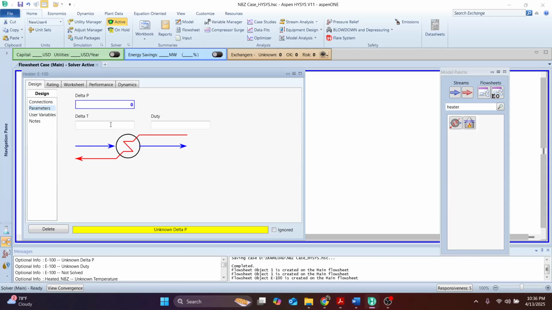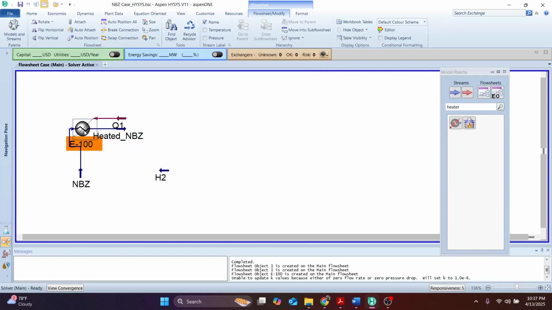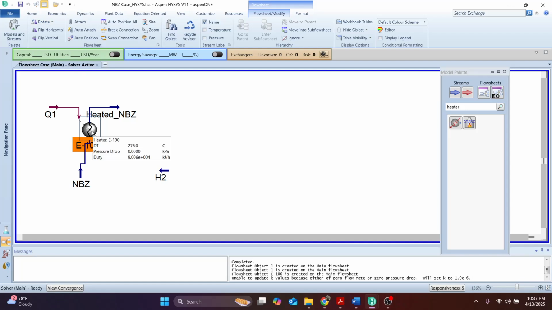Now the delta T here is important. 24 to 300 degrees, there is an increase of 276 degrees. Okay, done. You rotate this first. Okay, nice.